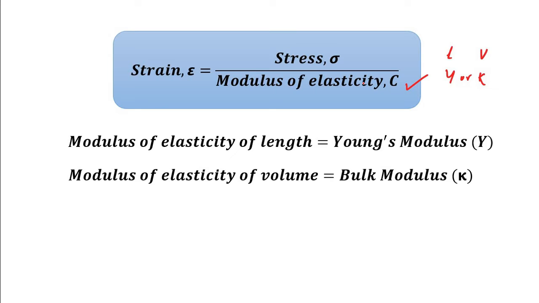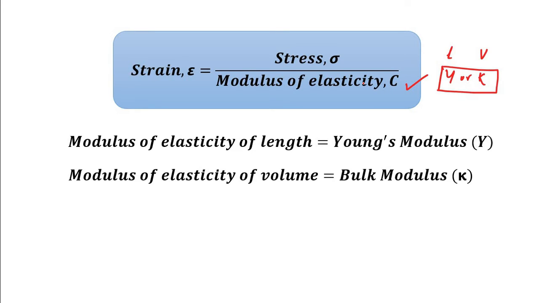Generally length is used, because length is easy to measure. This constant will be given in the sensor specification sheet, so it will be known.